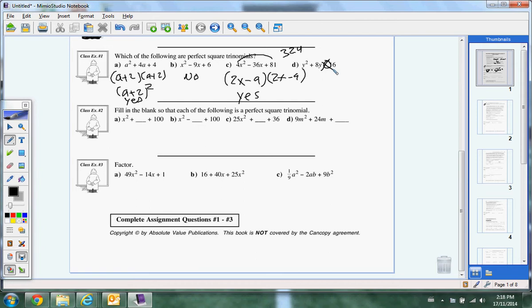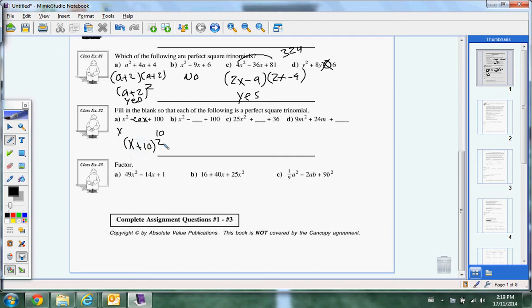Okay, so now they want you to work backwards here. What would the middle be? It gives you the outside. So what would the middle be? Use your pattern. That's an x. The square root of x squared is x, right? The square root of 100 is 10, x times 10 is 10x, times 2 is 20x. That's the pattern from the top: multiply them by each other. Because this is (x + 10) squared.